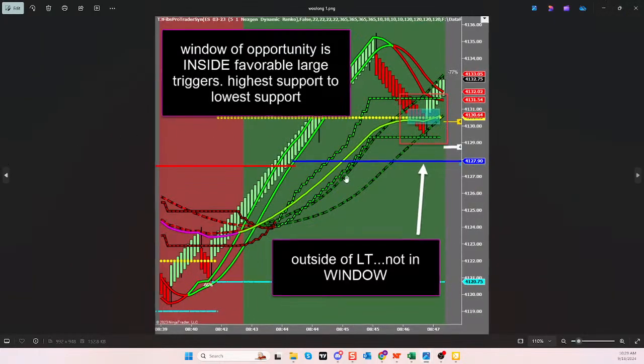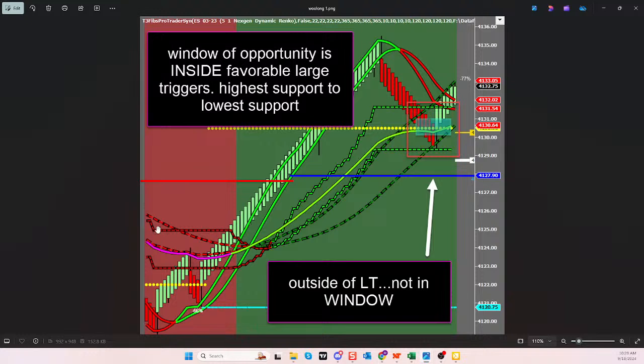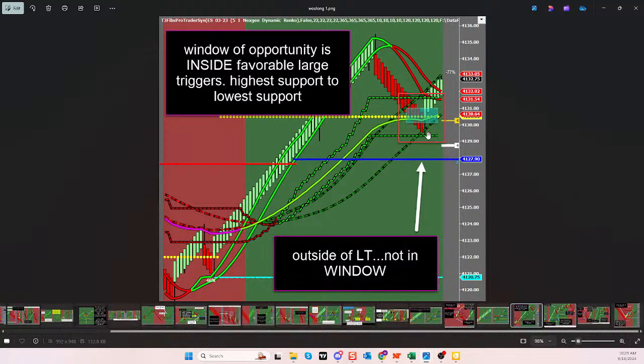Joel, it never changes, brother. Everything says up, and we wait for the reversal bar. That's step number one. Once we get a reversal bar, we find our triggers. Once we find our triggers, where are the lines inside? Your window of opportunity for a long trade is the highest point of support to the lowest point of support inside of favorable large triggers.